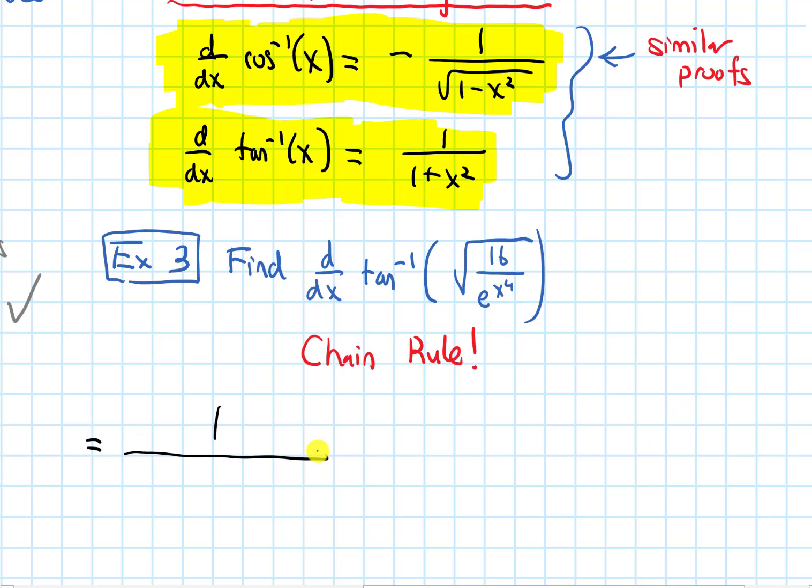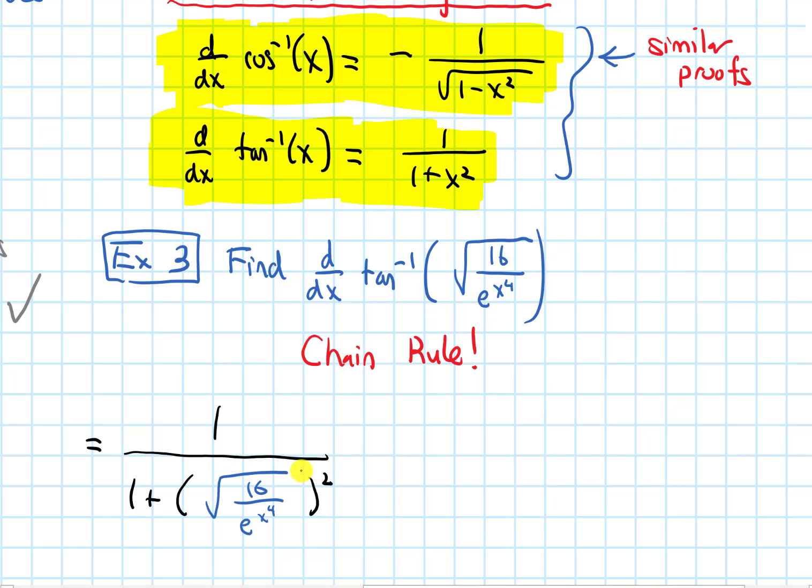It's 1 over 1 plus x squared, but the chain rule says don't write x there. Keep plugging in the same inside function for the x. So I'm going to keep plugging in square root of 16 over e to the x to the 4. Okay, so that's the first part of chain rule.